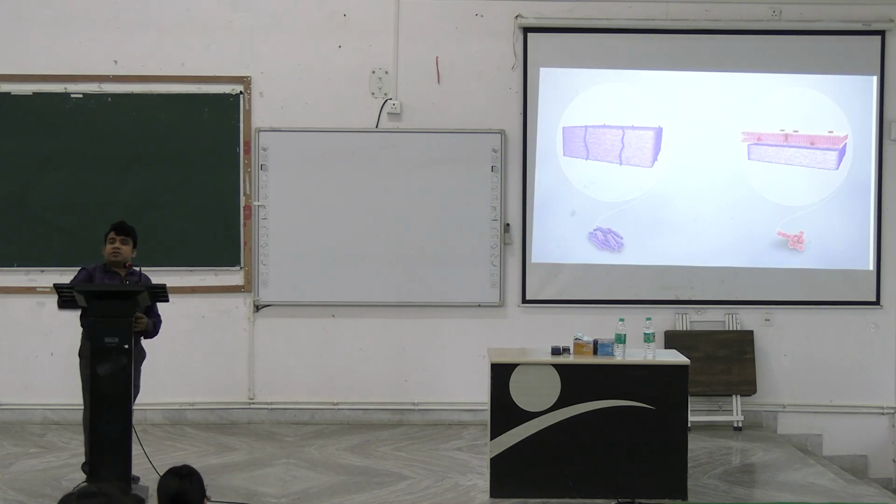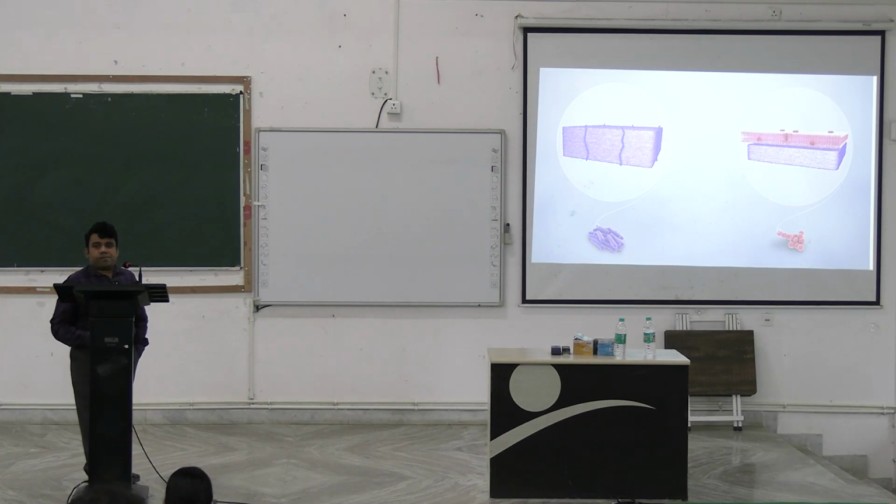Now, next comes the cell wall. Look at this picture. Can you appreciate any difference between these two types of bacteria? What is the difference? There is a blue color bacteria and there is a red color bacteria. What is the biggest difference?